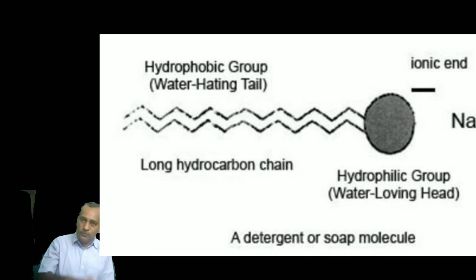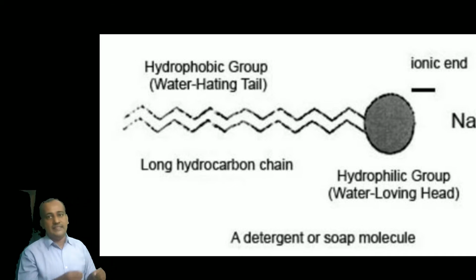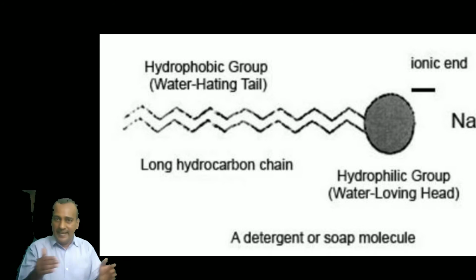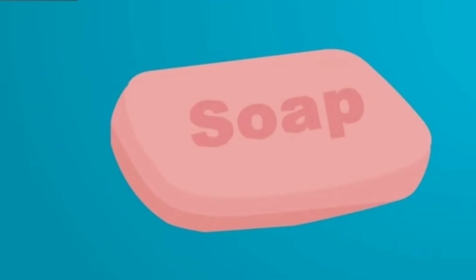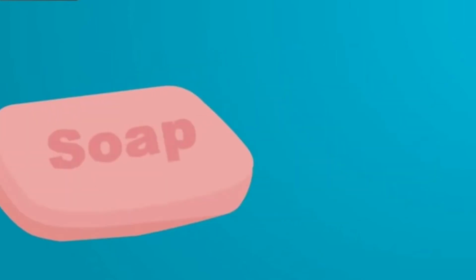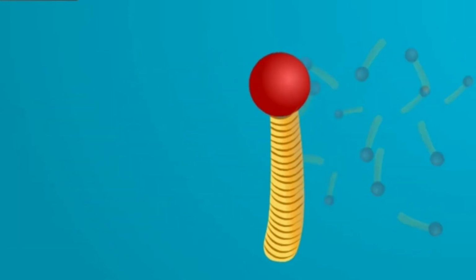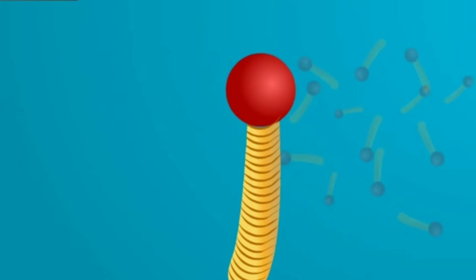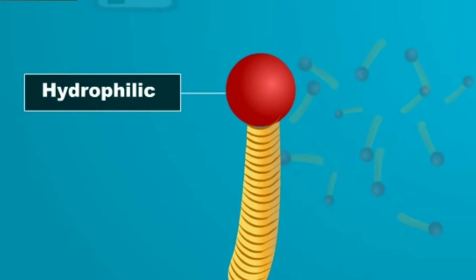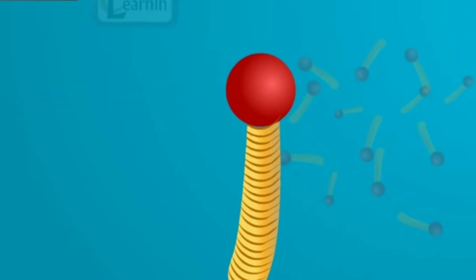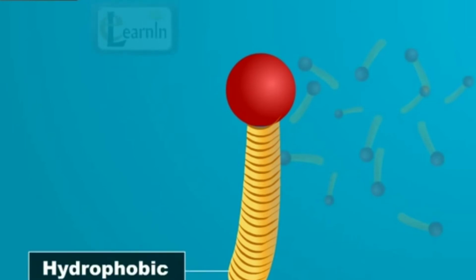So when we put the soap in water, the tail doesn't want water. The tail is hating the water, but the head needs the water. So the soap molecule has two areas: one is called the head, another is called the tail. The head is hydrophilic and the tail is hydrophobic in nature.